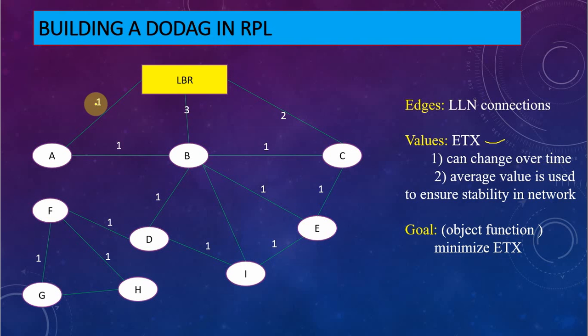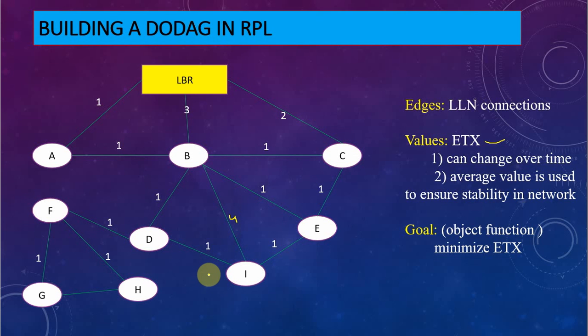It will not be in seconds in practical applications, but for the sake of understanding I am taking it as 1 second. For data transfer between A and B it is 1 second, and between the LBR and B it is 3 seconds. Similarly all the paths have a weight on them. Here I missed one, so it is 4.